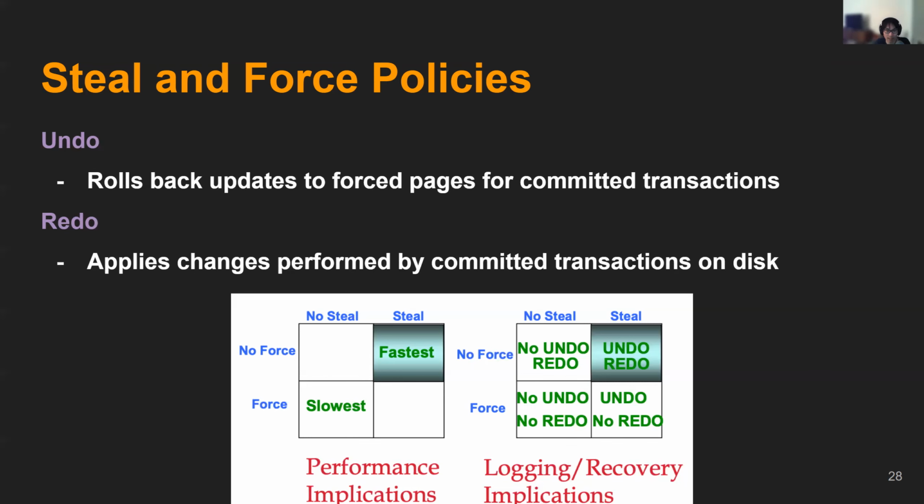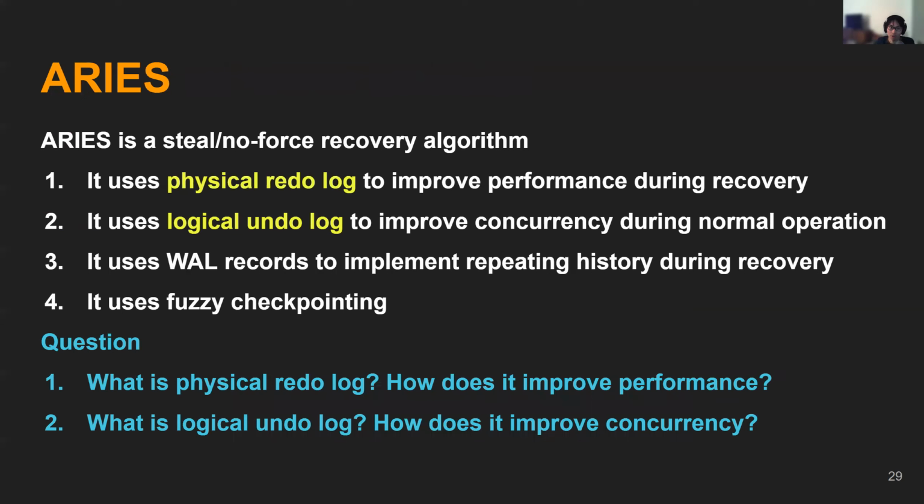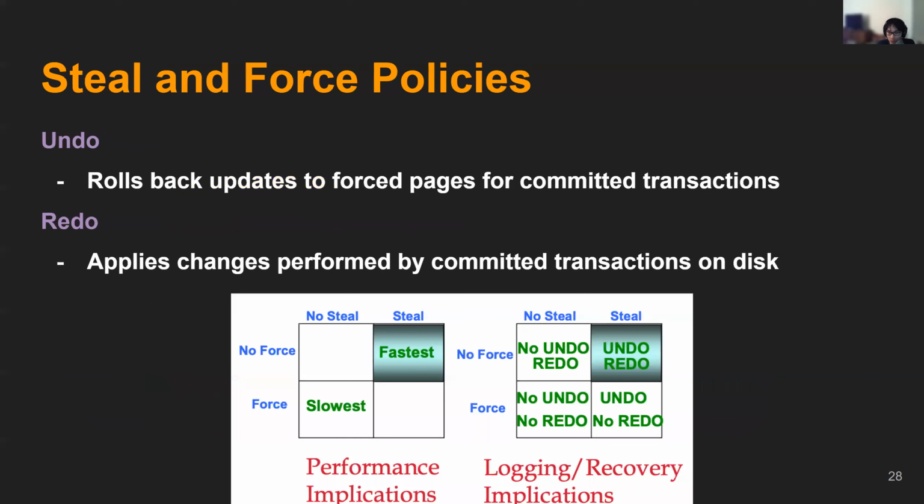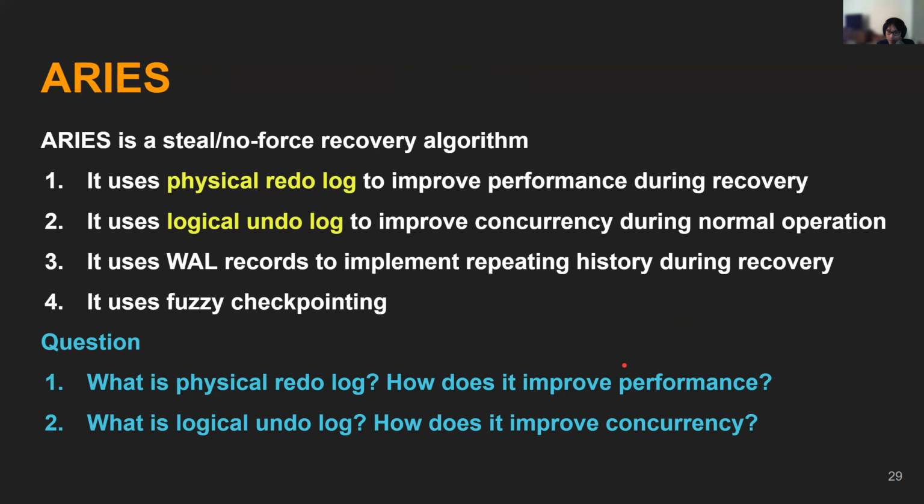Right, thanks. All right, so now let's talk about the recovery algorithm. The book describes one called ARIES, and ARIES is a steal, no-force recovery algorithm. That actually corresponds to this one, steal no-force, and that means it has an undo log and a redo log.